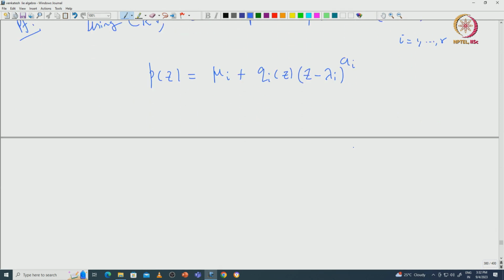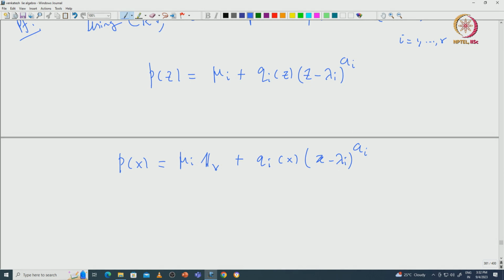Now, by applying this evaluation operator, you can see that this is the same as P of x equal to mu i identity plus q i of x times (x minus lambda i) power a i.